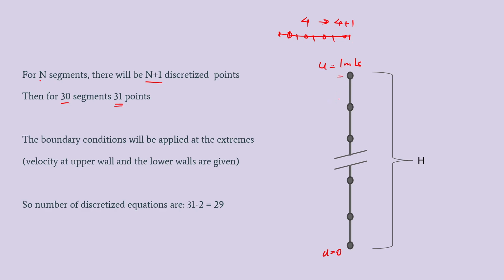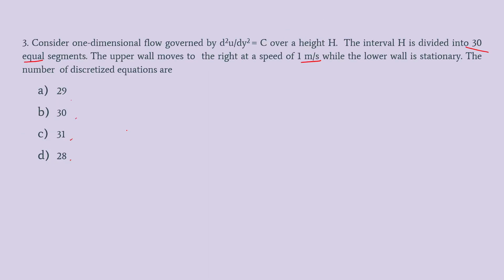We only need to find u values for the rest of the points inside the upper and lower boundaries. So in total we have 31 points, then two boundaries where we have applied boundary conditions, so 31 minus 2 is 29. So we have to find u values at 29 points. At those 29 points we have to discretize the equation ∂²u/∂y² equal to a constant. That is, option A is the solution.